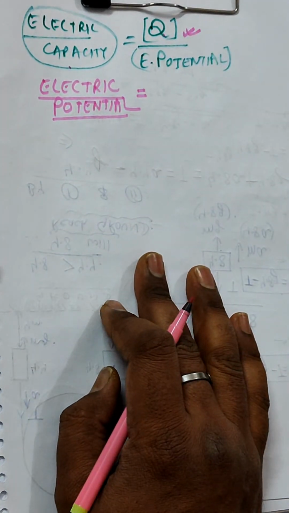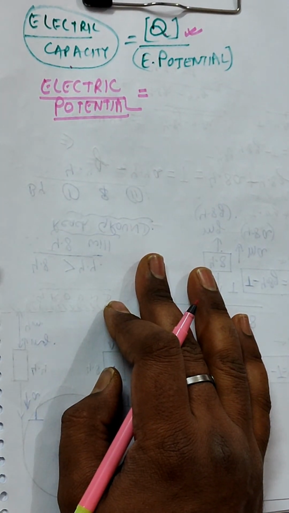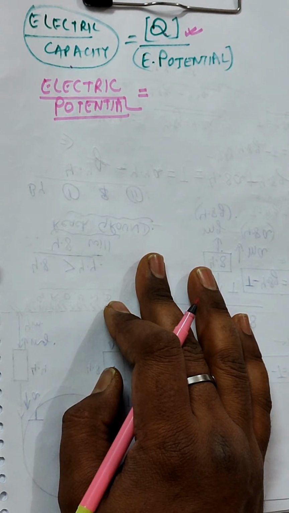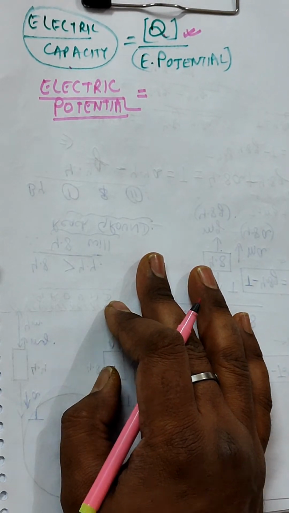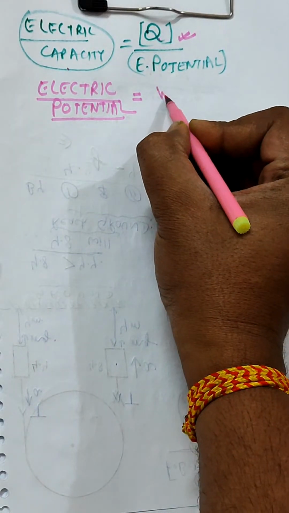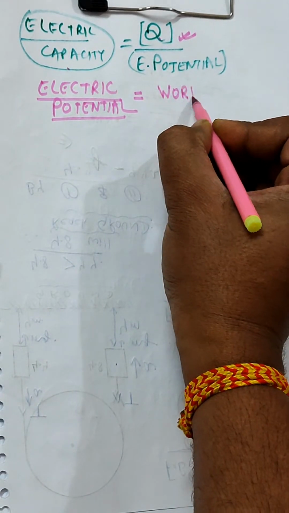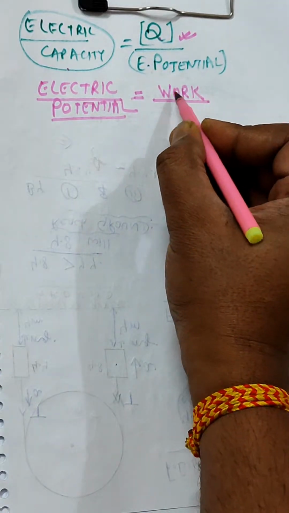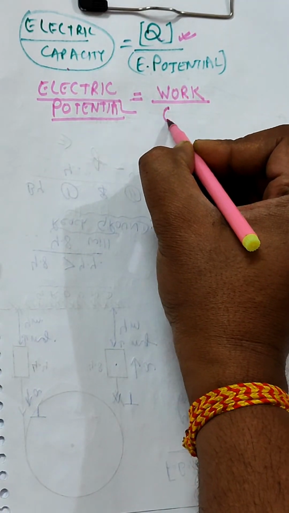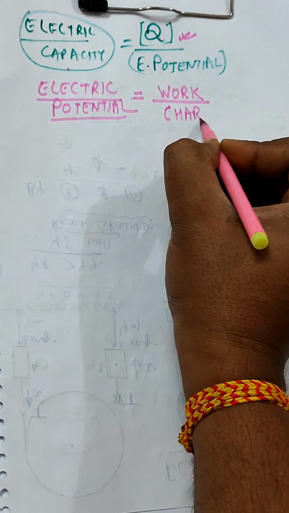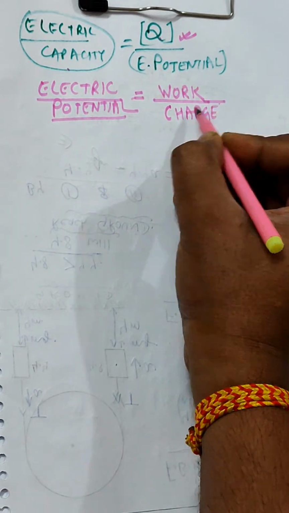Electric potential is the work done in carrying a charge from one point to another. As per the definition, electric potential can be written as work for that particular charge in carrying that charge from one point to another.